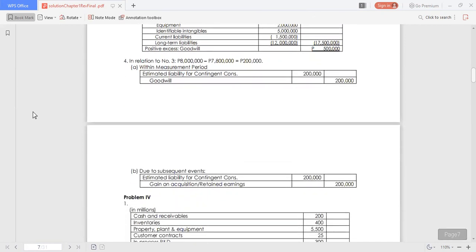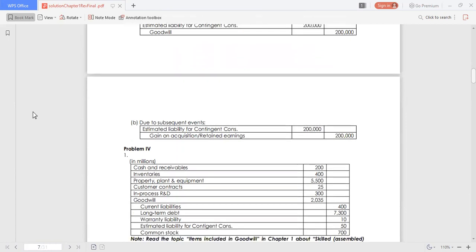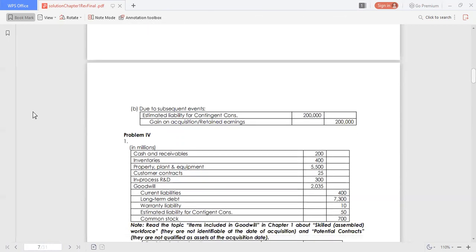In the case of letter B, the assumption is the decline occurs subsequent to acquisition. Our debit is still the same, but the credit is to retained earnings or gain on acquisition, and not to goodwill. So that makes a difference depending on when the decline occurs.